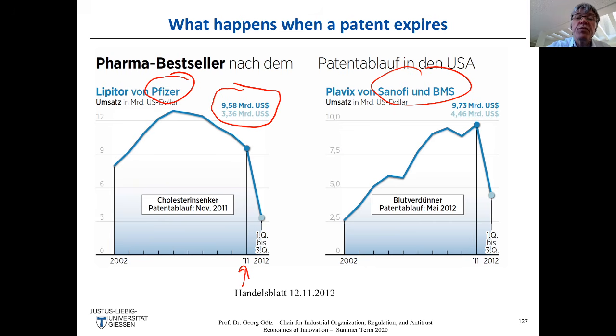And here again, 5 billion did revenue go down. So here you see why it's so important how long this patent is, and of course what happened to the prices: they also collapsed. So our Krankenkassen, our statutory health system, had to pay much less. So this is the other side here.